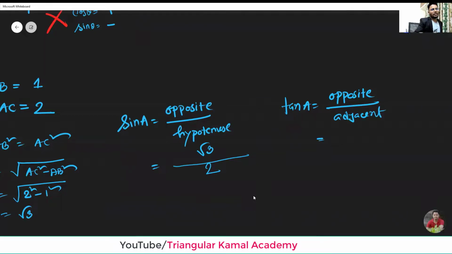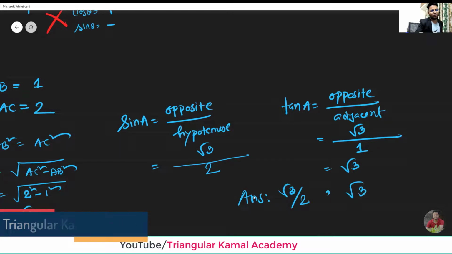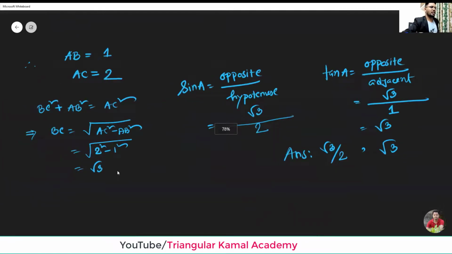In the first quadrant, the opposite side is root over 3, adjacent is 1, so tan A is root over 3. So sin A is root over 3 by 2, tan A is root over 3. Answer: root over 3 divided by 2, comma, root over 3. So question number 4 is done.